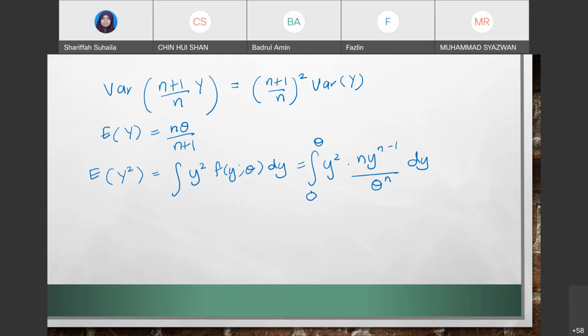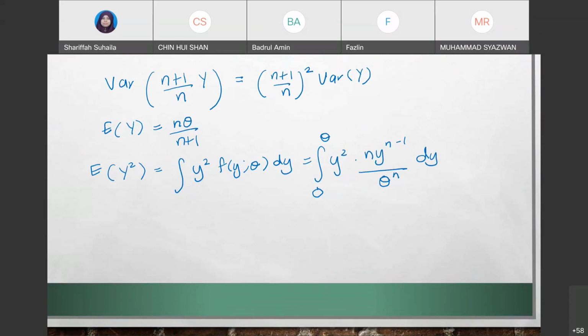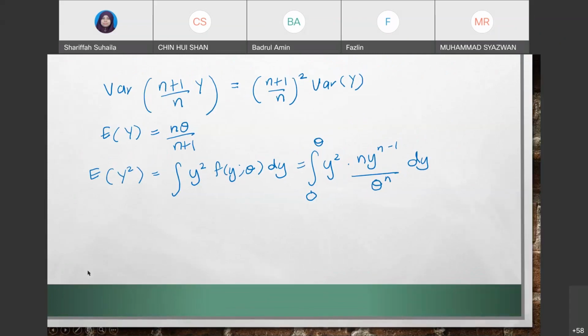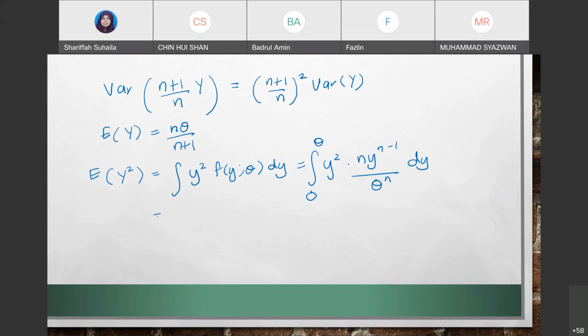Sebab kita tak tahu apa value expected value of Y square, sebab kita nak dapatkan variance. Okay. So again, do some simplify kan. Kita simplify kan, kita akan dapat n y^(n+1) over theta^n.